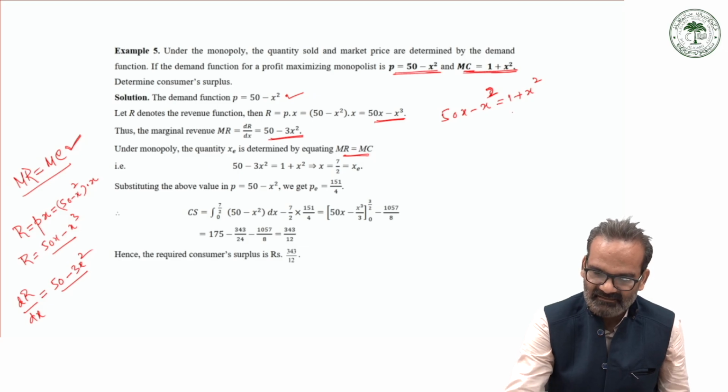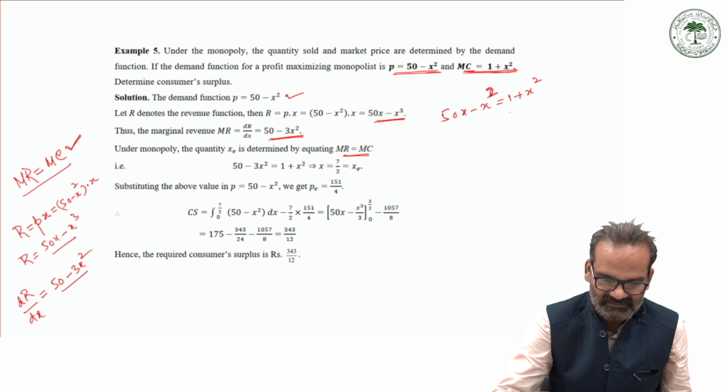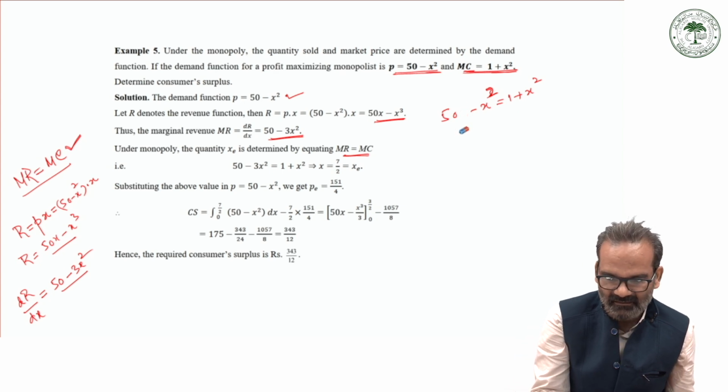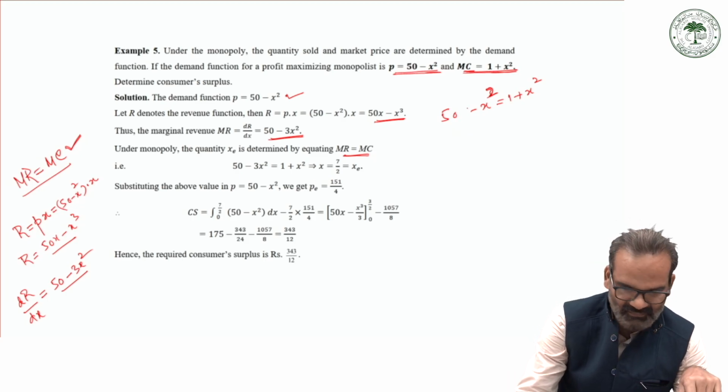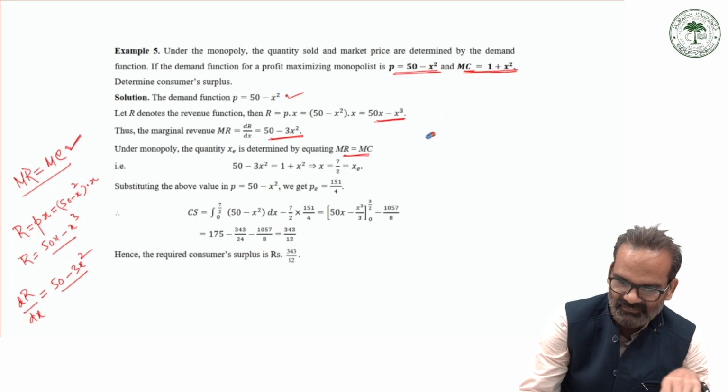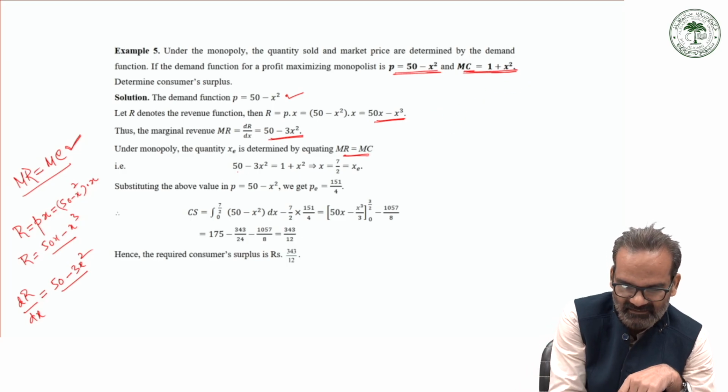So what is left here? Marginal revenue is 50 minus 3x square, and this is 1 plus x square.